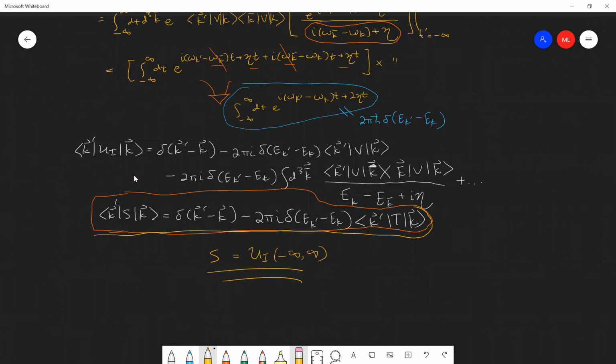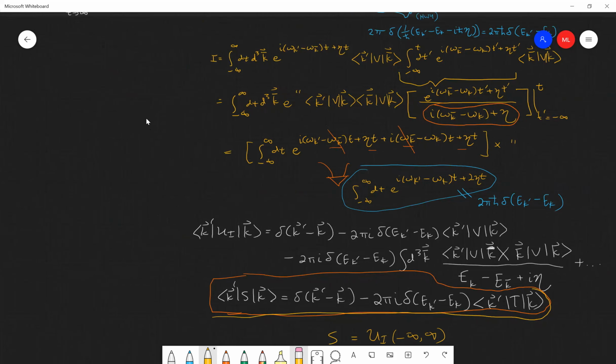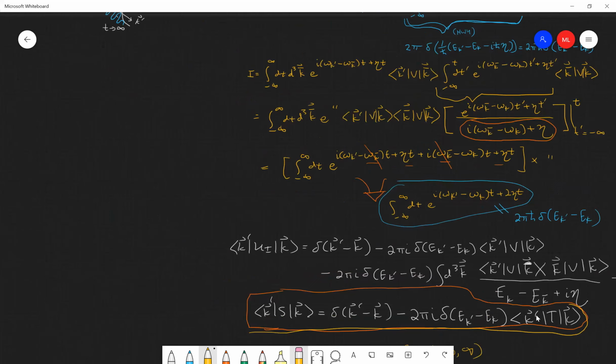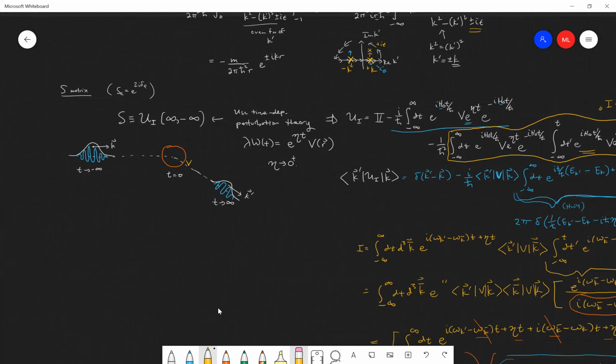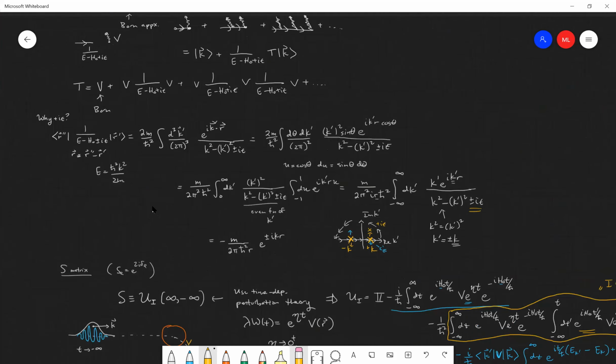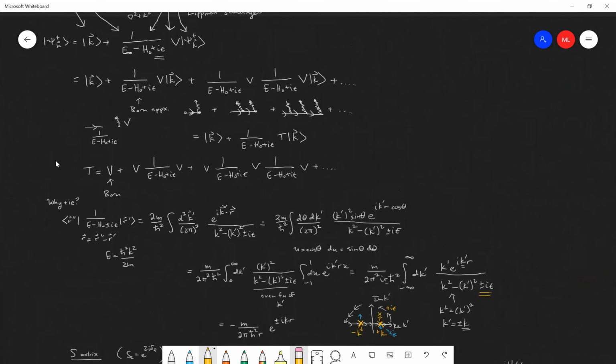Okay, so what else can we say about the T matrix? Well, there are some more formulas. So this is one way the T matrix is connected to the S matrix. Again, the T matrix itself up here gives you this Born series.